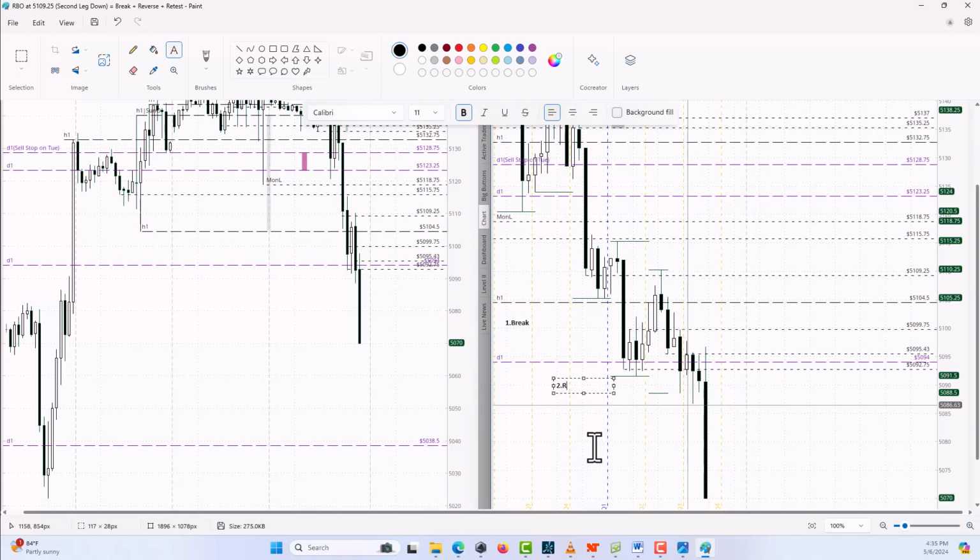Second, we have a reverse right away, and then we do have a retest and another doji right there.